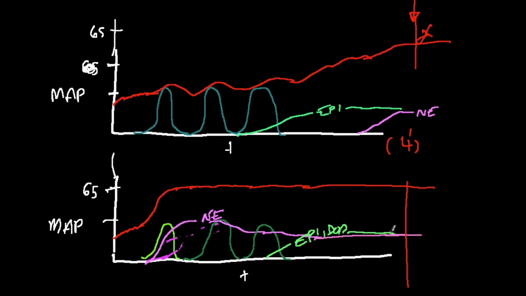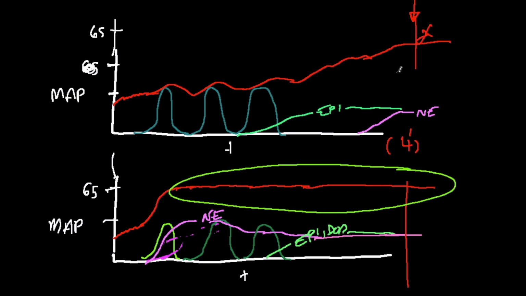So you're on an inotrope, you've gotten some fluids, you're on a vasoconstrictor, but what's the difference? You've had a normal blood pressure for hours as opposed to just more recently in this situation here.